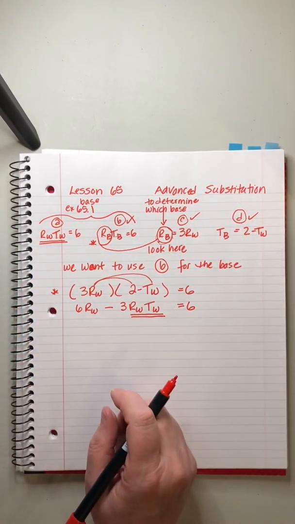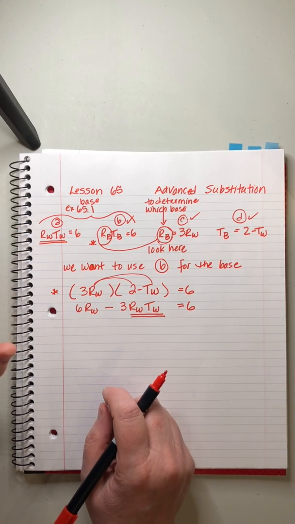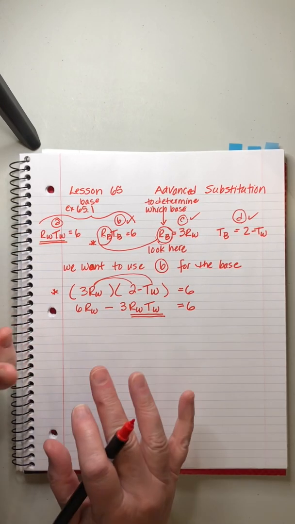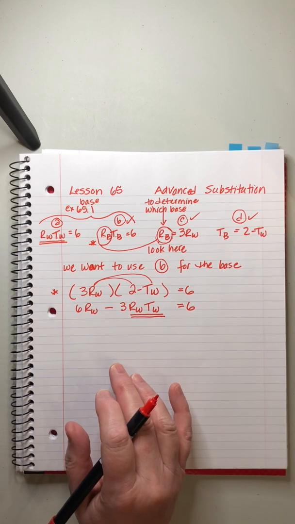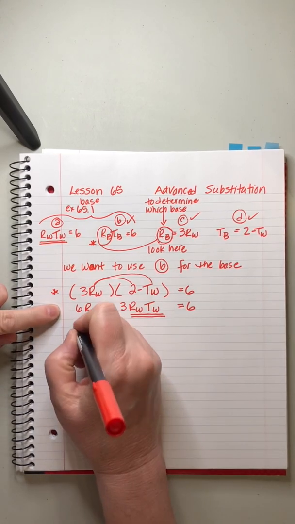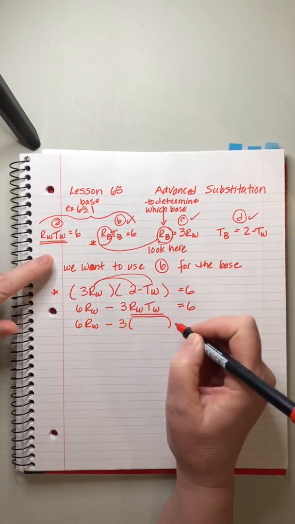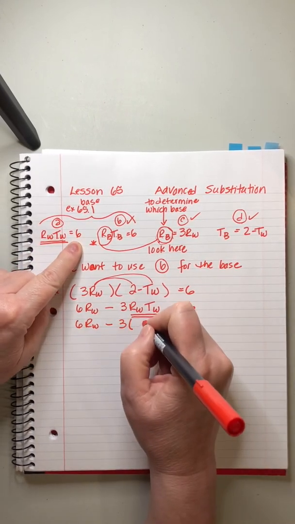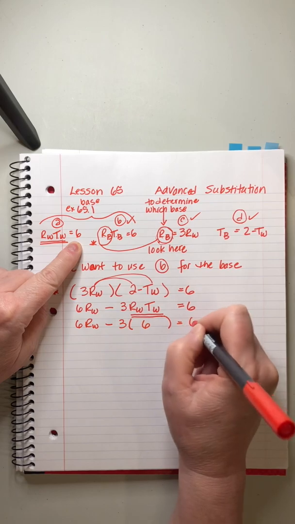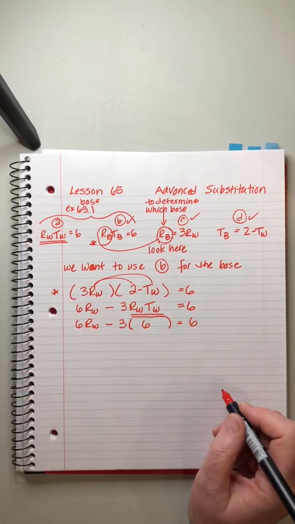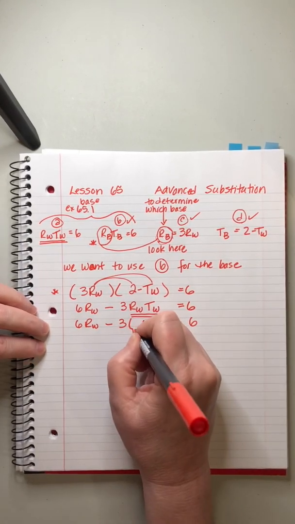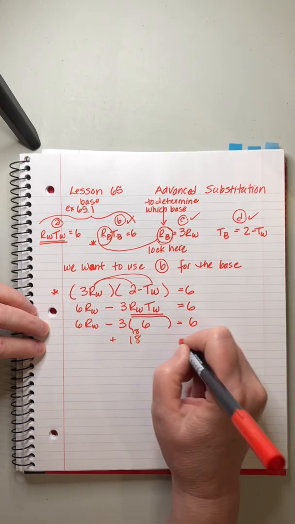We used the other three. We haven't used A. It works like magic every time. It's so satisfying. What we do now is plug in this value for RWTW, and now we just have one cute little variable and we can solve. This is 18, so I'm going to add 18 to both sides.